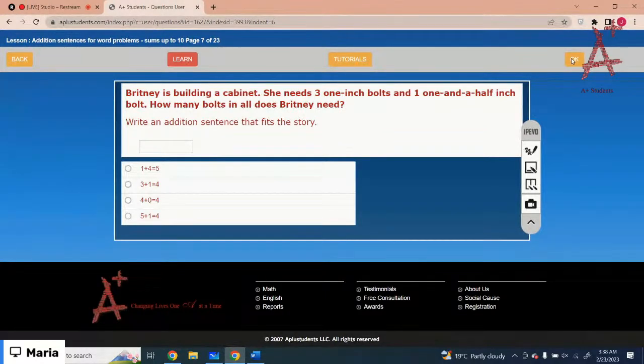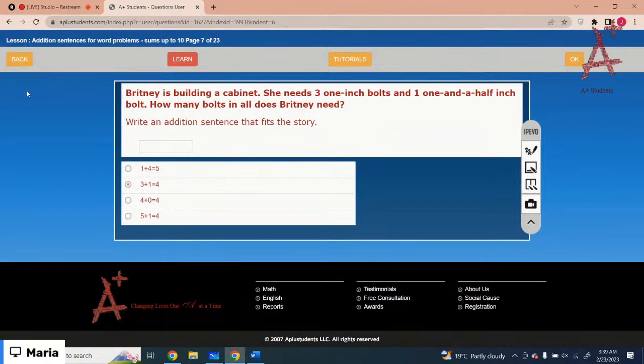So 3 plus 1 equals. Very good. 3 plus 1 equals 4.